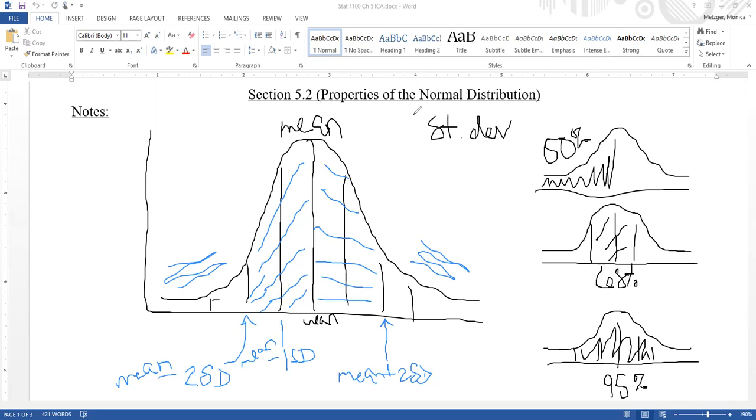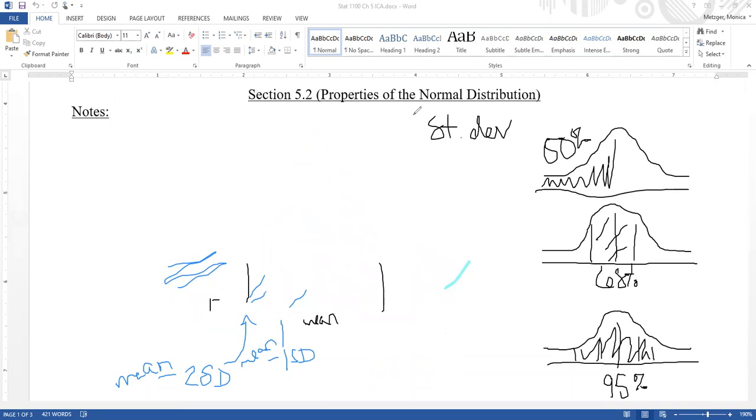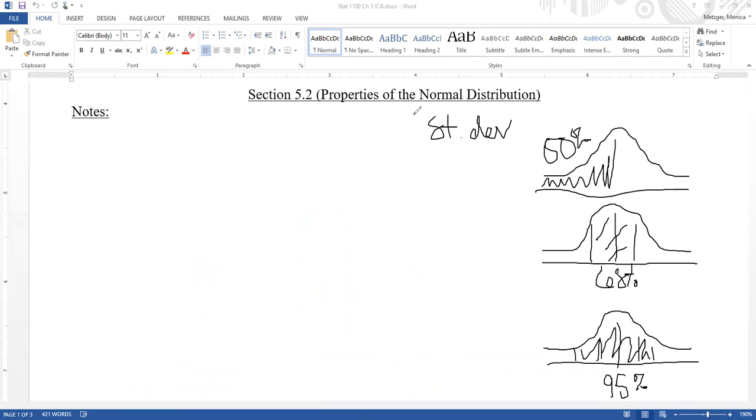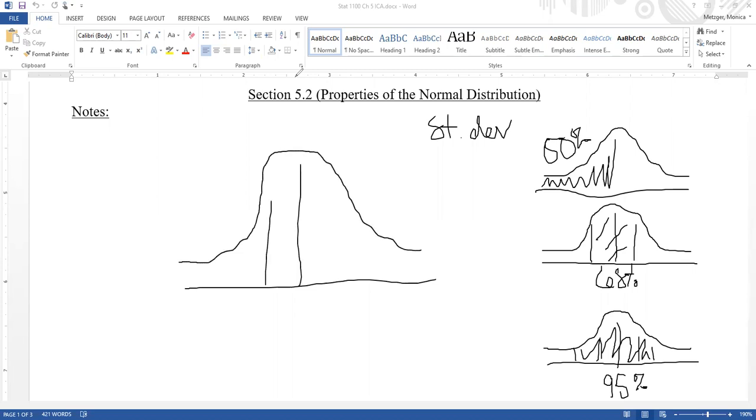And then we can go another standard deviation out. Let me erase this whole curve over here. We can also go 3 standard deviations out. If this is our mean right in the middle, I'm going to have -1, -2, -3.